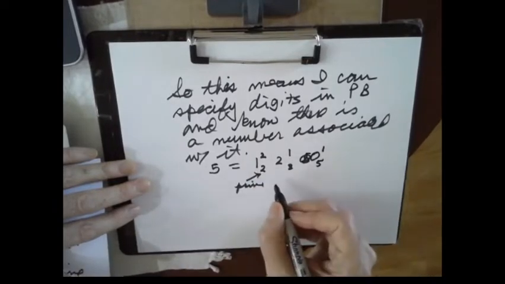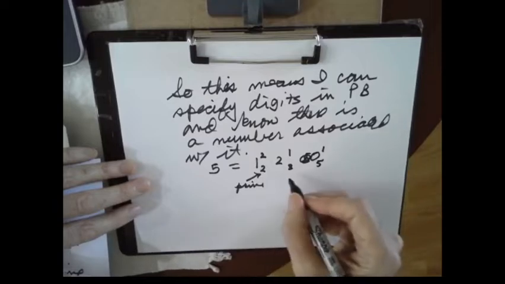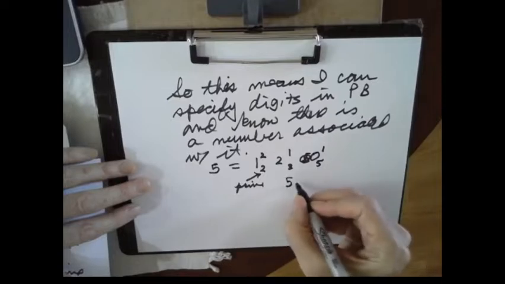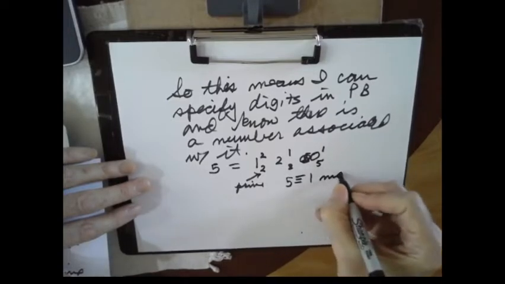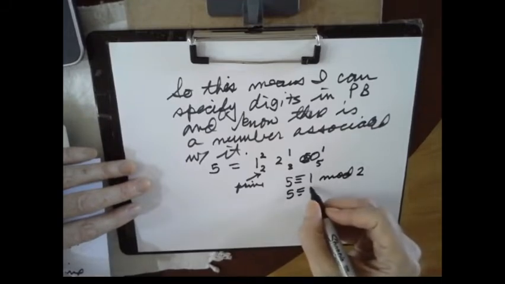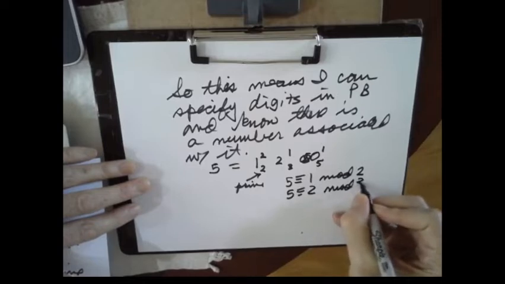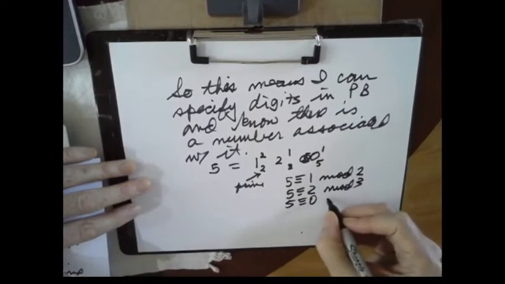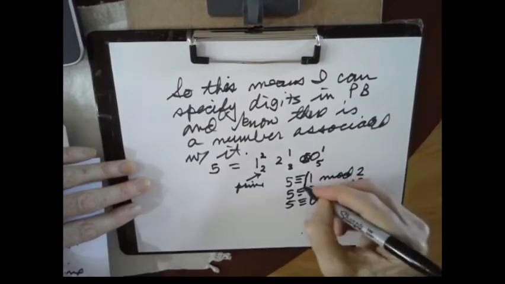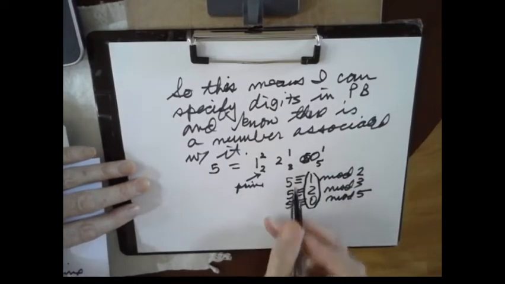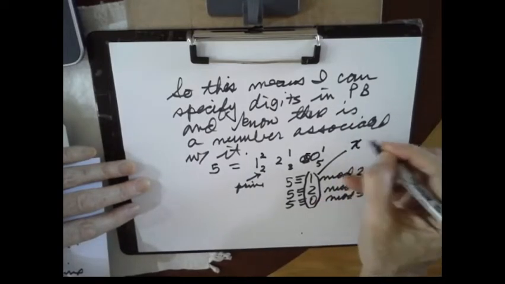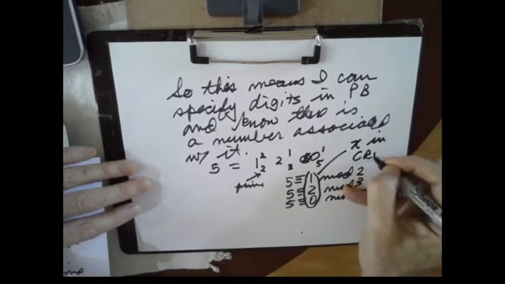Okay, so these are all modular ideas with the remainder. This says 5 is equivalent to 1 mod 2. 5 is equivalent to 2 mod 3. And 5 is equivalent to 0 mod 5. So these are the digits 1, 2, 0, and x in Chinese remainder theorem.